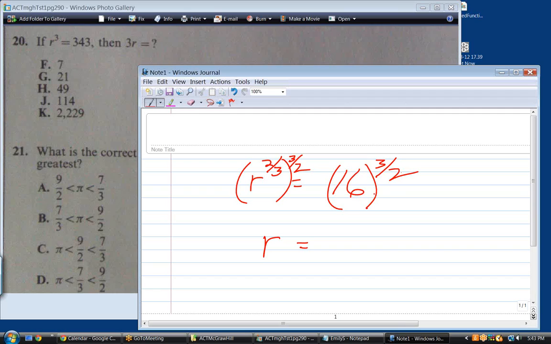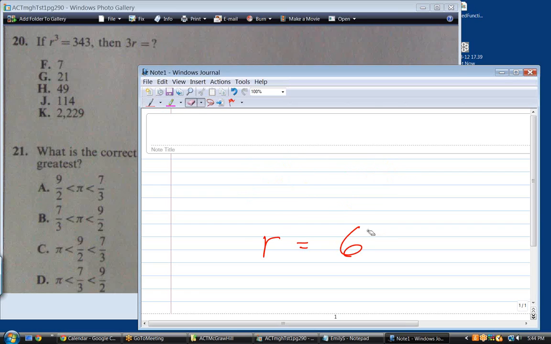And what's 4 cubed? 64. That's what 4 times 4 times 4 is. Okay? So this method is much better because it now allows us to handle numbers that are not just integers, but fractions. If we have a fractional exponent, all we have to do is raise both sides to the reciprocal of that fractional exponent.